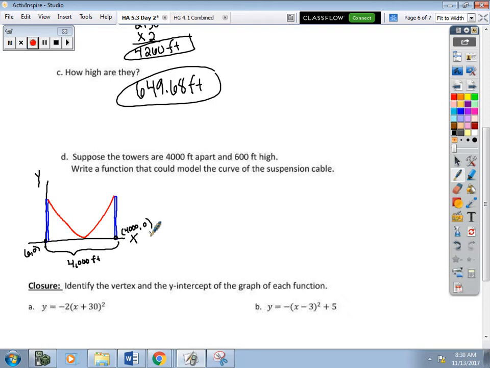Suppose the towers are also 600 feet high. So 600 feet would be over here. So this point up here where they intersect the cable and the tower would be 0, 600. This point would be 4,000, 600.